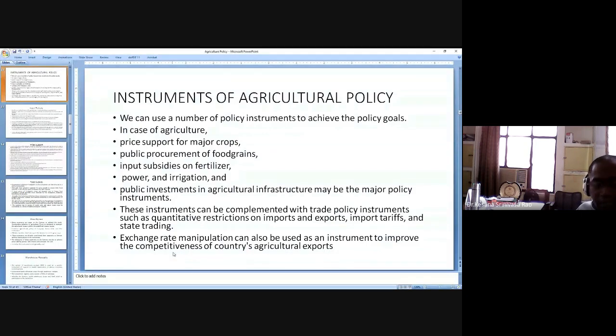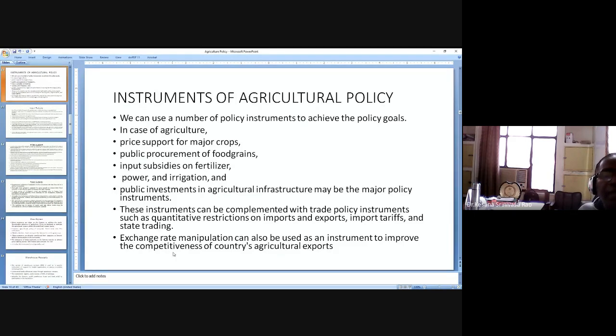Whatever the policy instruments there are, those can also be complemented with trade policy, because trade means import and export, as you know very well. Whenever our products are high, then we are ready to export. When the agriculture products are low, when production has been affected, then the government has to import, and it has to be circulated in the public.